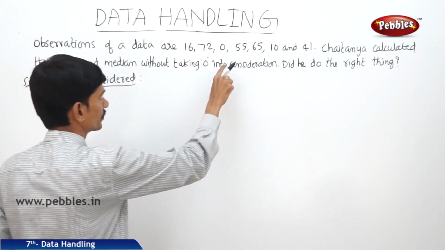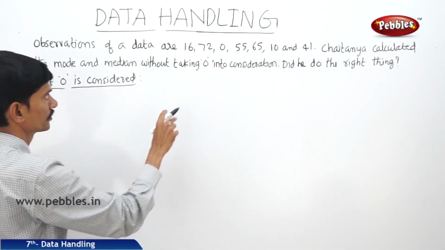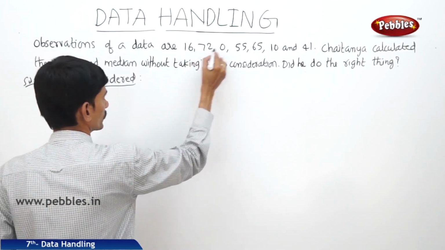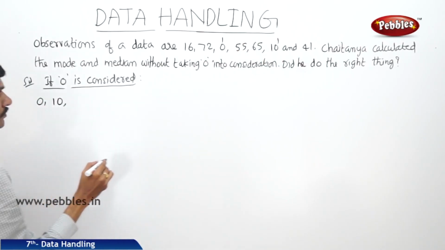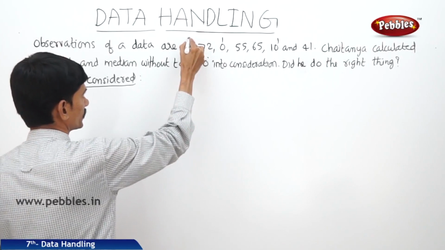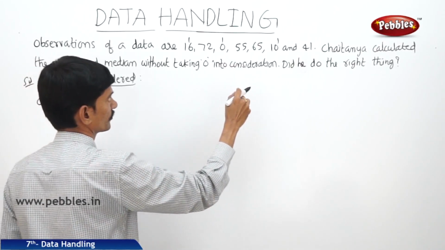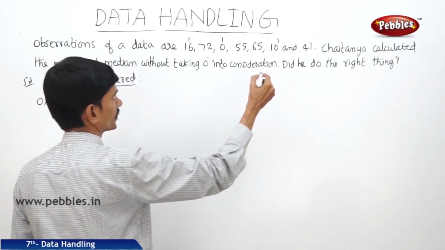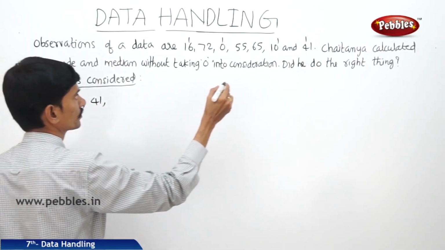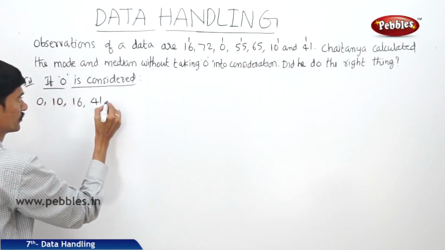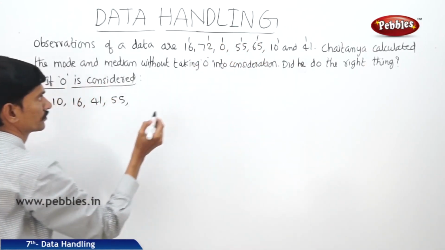So first we get 0, then we get 10, then 16, then 41, then 55, 65, 72.